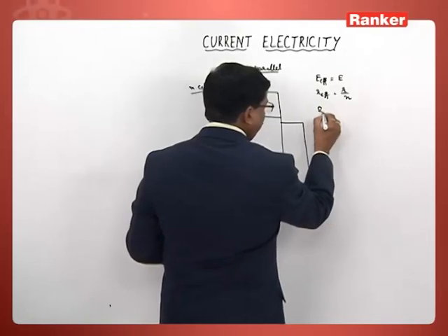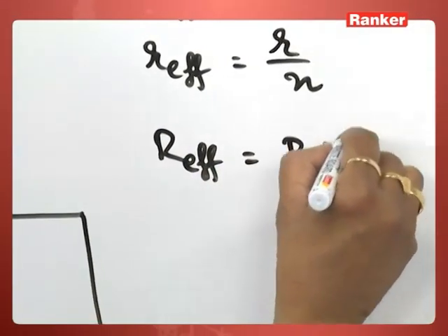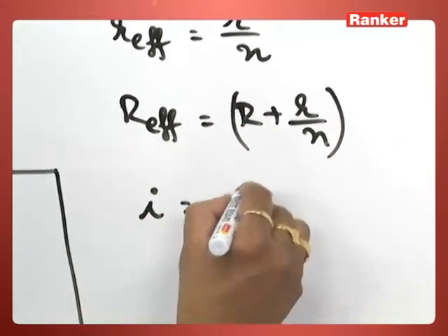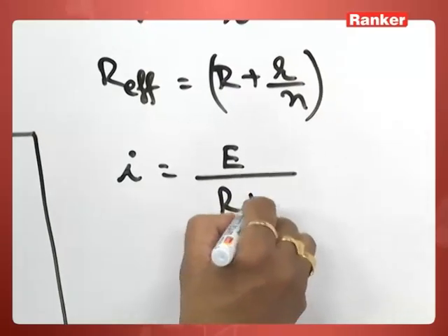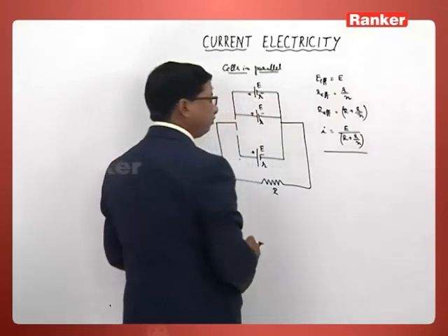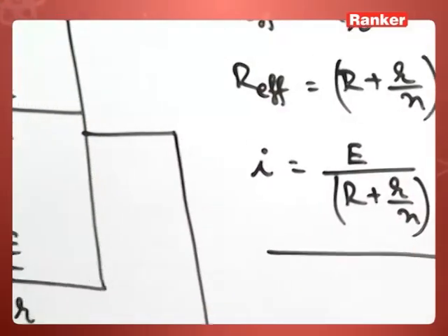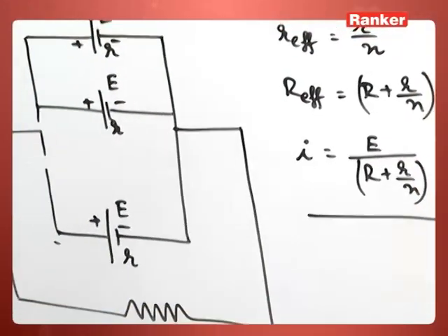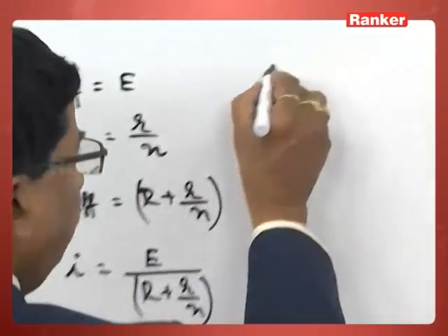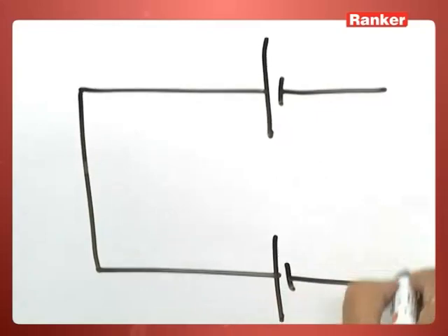Now you can say effective resistance becomes R plus r by n. Thereby the current becomes E by R plus r by n. So this is the amount of current that is passing through this resistance. One should remember this.